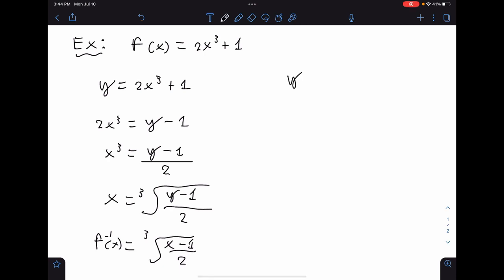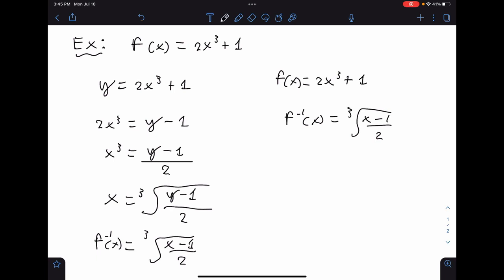So our function was y equals 2x cubed plus 1. The inverse of this function, f inverse of x, is equal to the cubed root of x minus 1 over 2. Of course, this y is actually f of x. And that's basically it. Pretty easy.